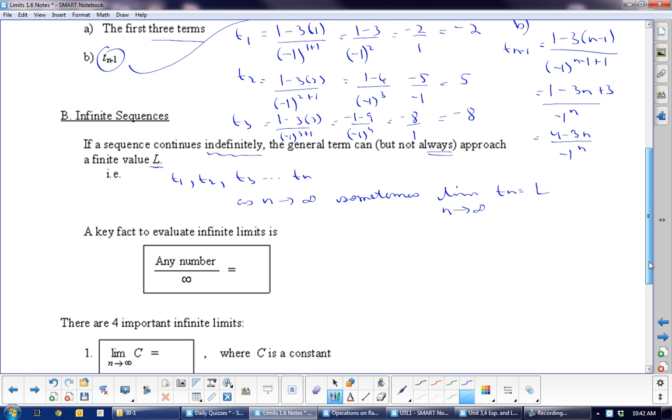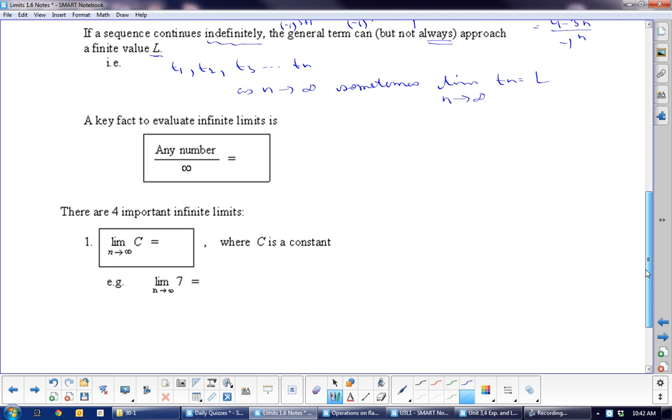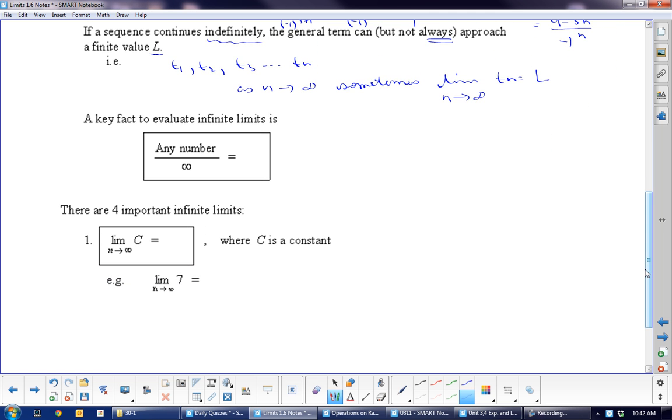Now, we're going to learn some basic principles of dealing with infinity. If you take any number in the world and divide it by infinity, what would you get? 0. So if you took one pizza divided by an infinite number of people, it does equal 0.